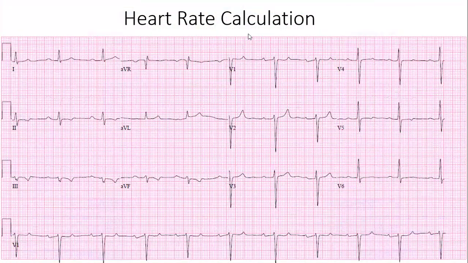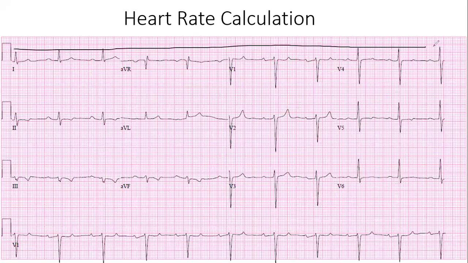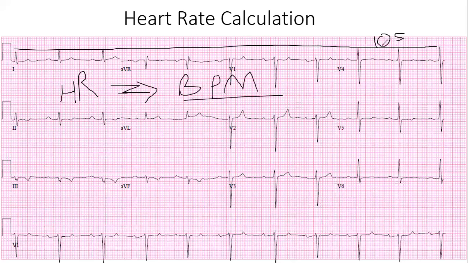So this is how we're going to calculate our heart rate now. What we know, once again, is that this is 10 seconds. But we also know that heart rate should be in beats per minute, not in seconds, right?